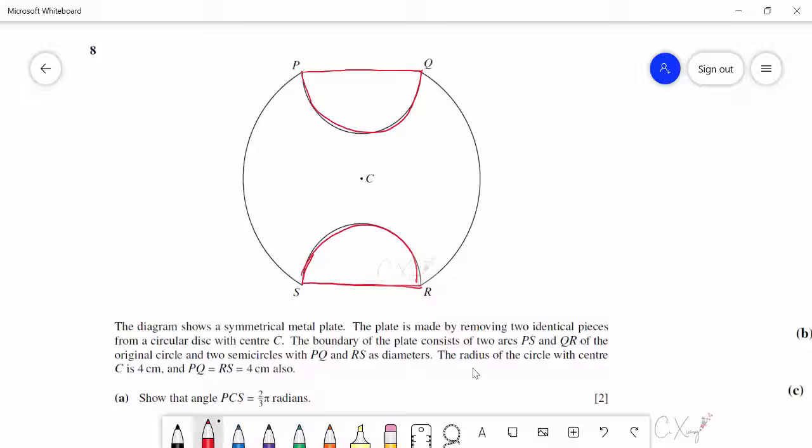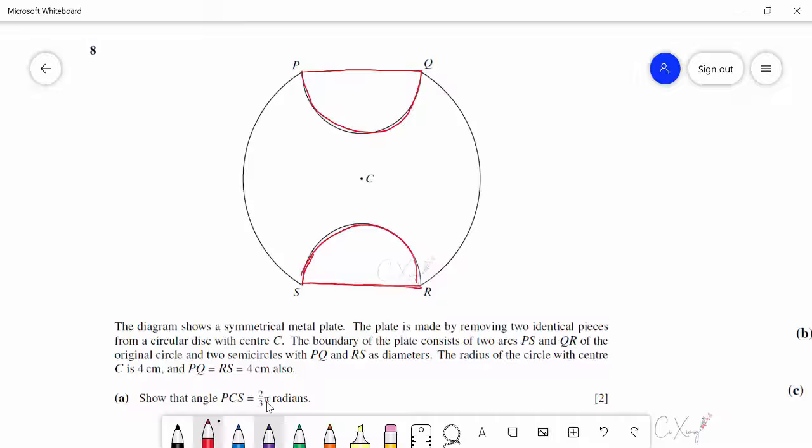Then the radius of the circle with center C is 4 cm, and PQ equals RS equals 4 cm also. So this is the information that they give us. First, they want us to show that angle PCS equals 2 pi over 3.